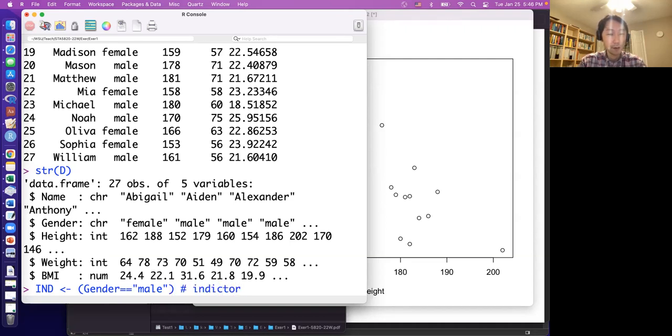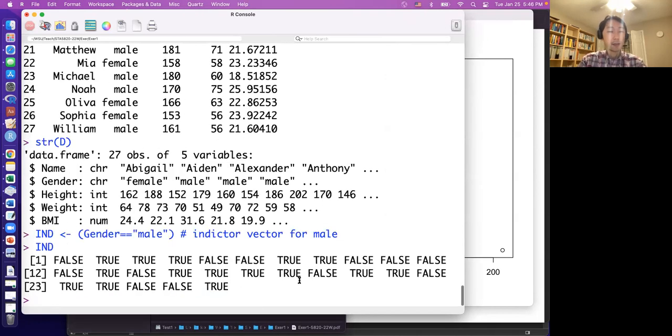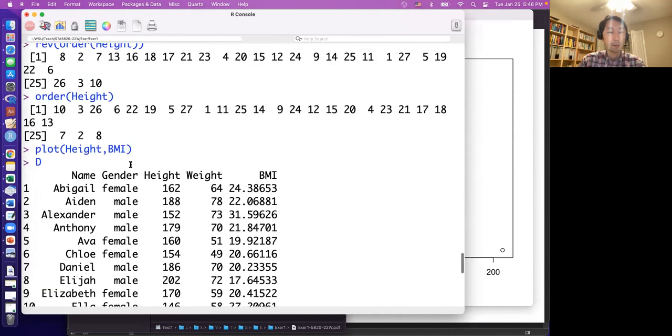Indicator function, indicator vector for male. So that means the IND is false, true, true, true, false. You can see that in this data set, the second to fourth observations are male, but the others are female.